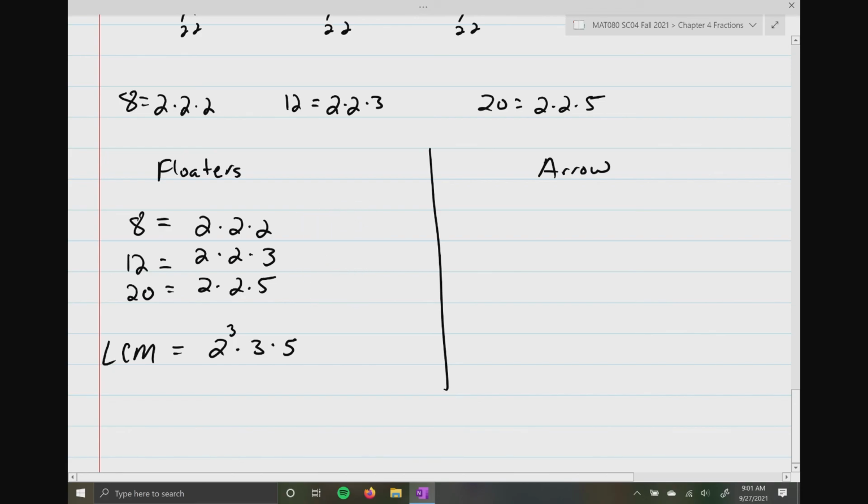Now I need to worry about the number 3. There's 0 number 3s. There's 1. And there's 0. So that's going to be a 1. And then the number 5. There's 0 in the first, 0 in the second, 1 in the third. So I get 2 to the 3rd times 3 times 5. Are we all on the same page there?